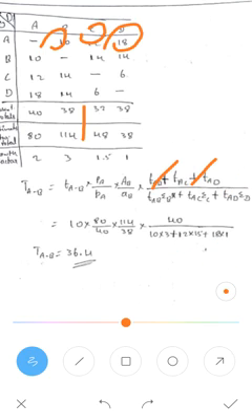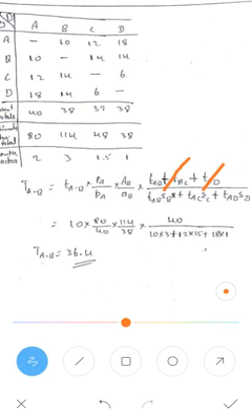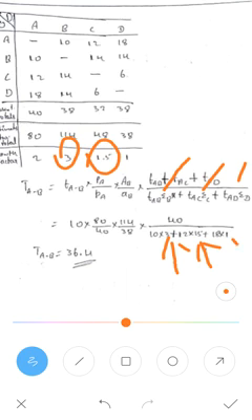Then after that, the growth factors EB, EC and ED. EB is 3, so that's why it is 3 here. Next, EC is 1.5, so that's why it is 1.5 here. Next, ED, the growth factor at D, is 1, so that's why it is 1 here.